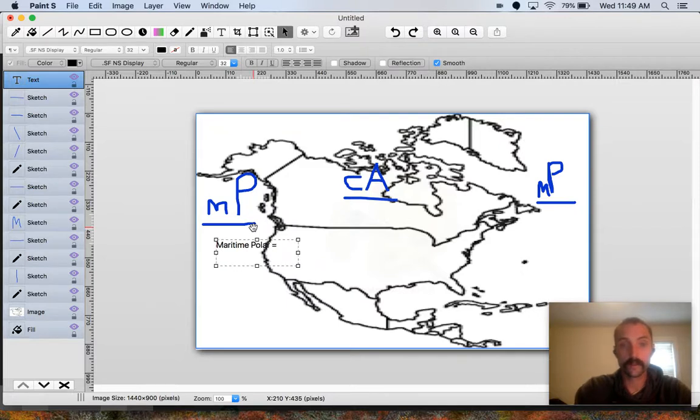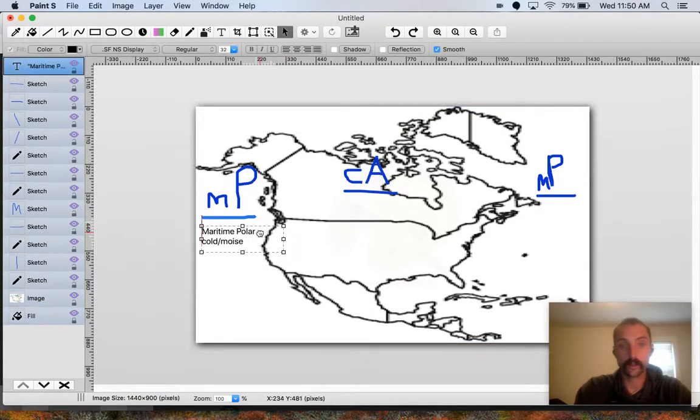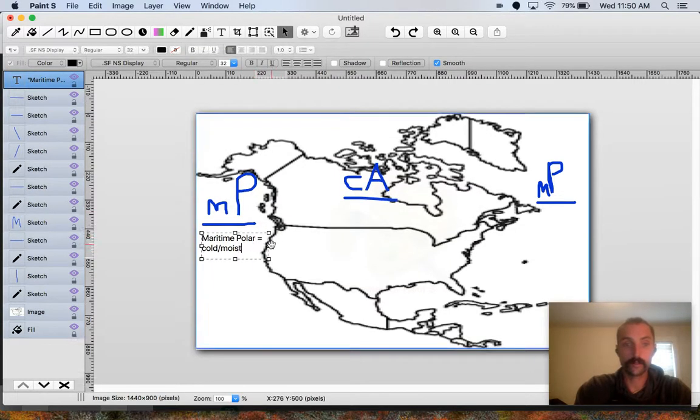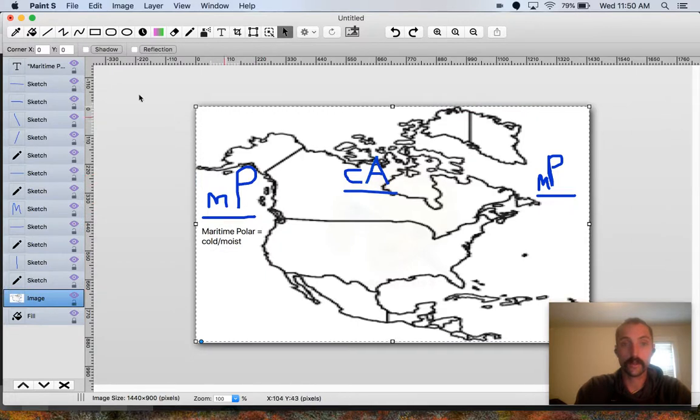And maritime polar is going to equal cold/moist. So air masses that originate over water contain lots of moisture, so they're going to be humid air masses. So we can classify those as being cold and moist. And we can copy and paste this one.